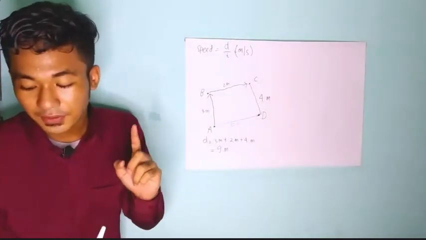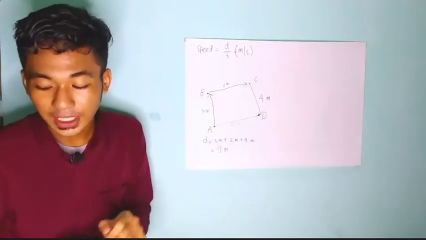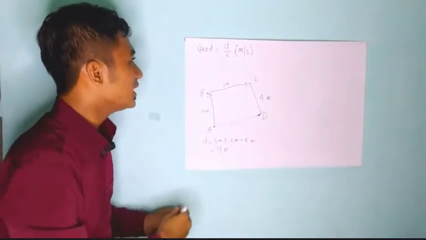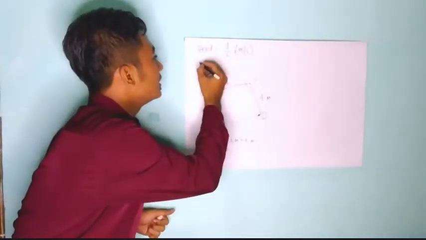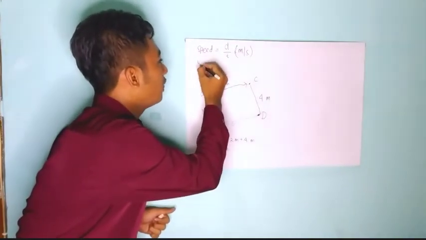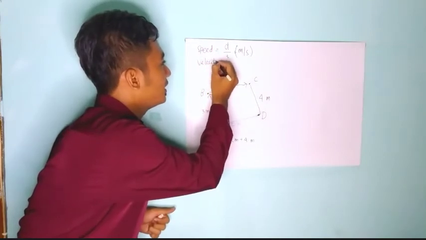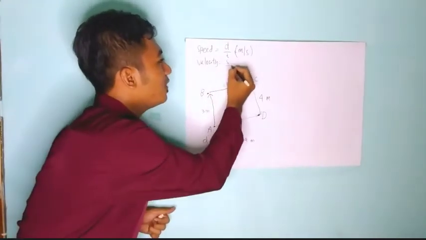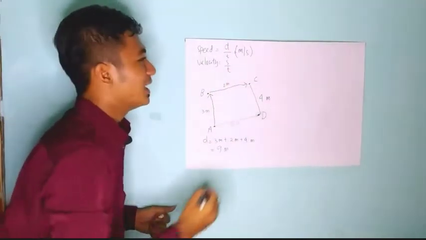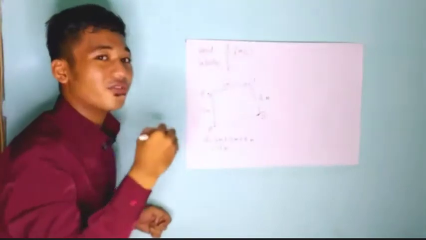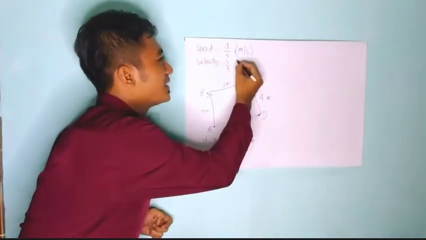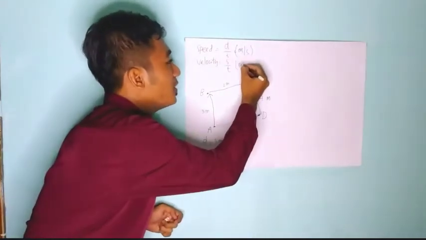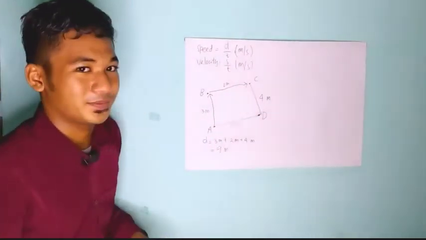And then velocity. Velocity is rate of change of displacement. So the formula of velocity is displacement, or s, over time. And the unit of velocity is the same as speed, that is meter per second.